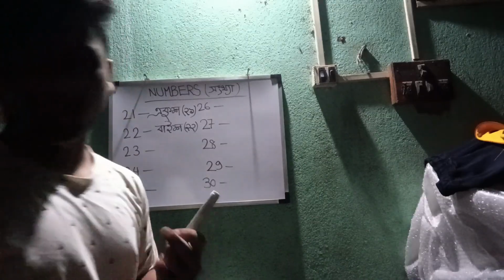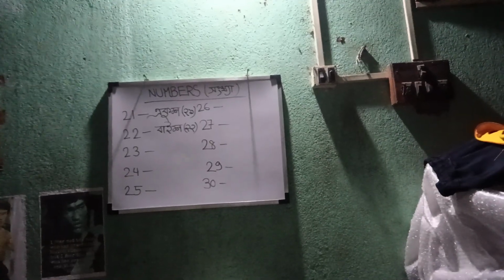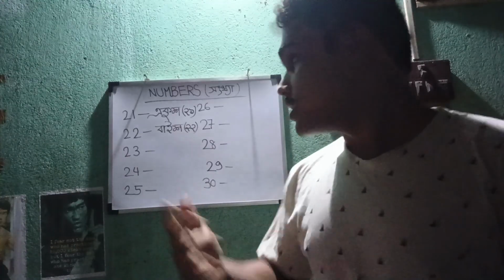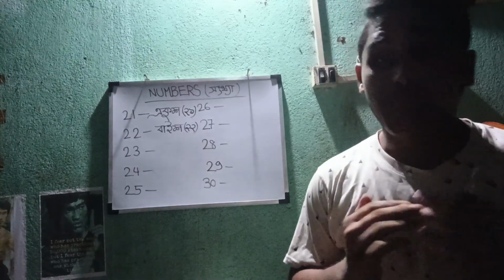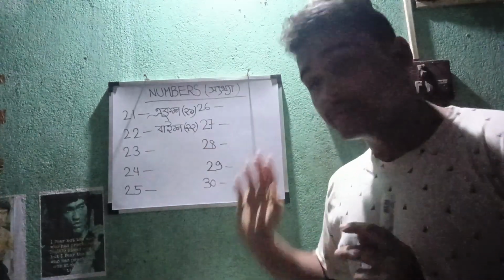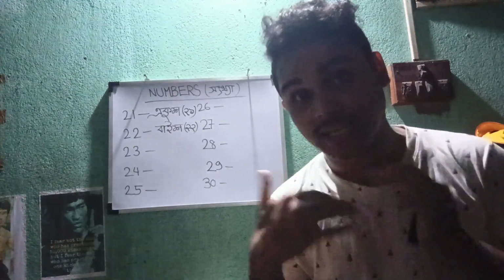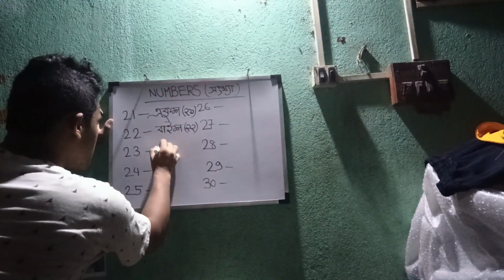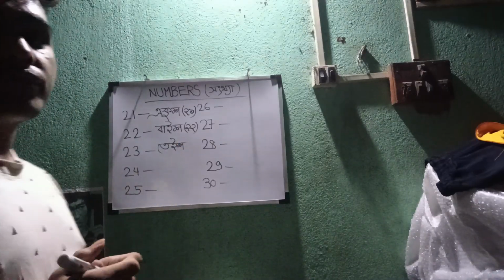So after 22, we have 23. 21 means ekush, 22 means baish, and 23 means teish.